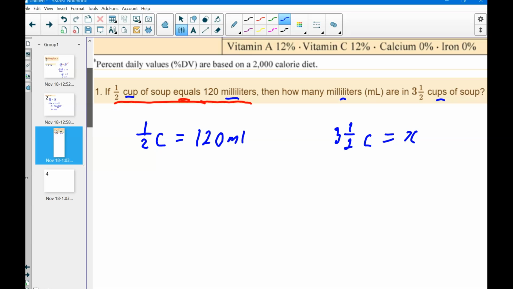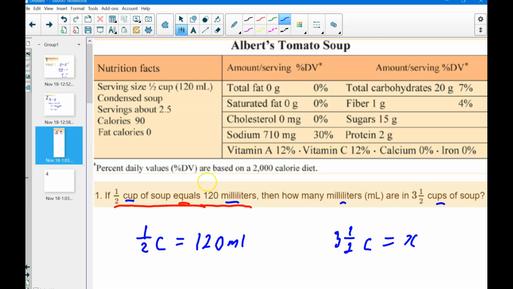Or I can take the 1/2 cup. Oops, go back down here.